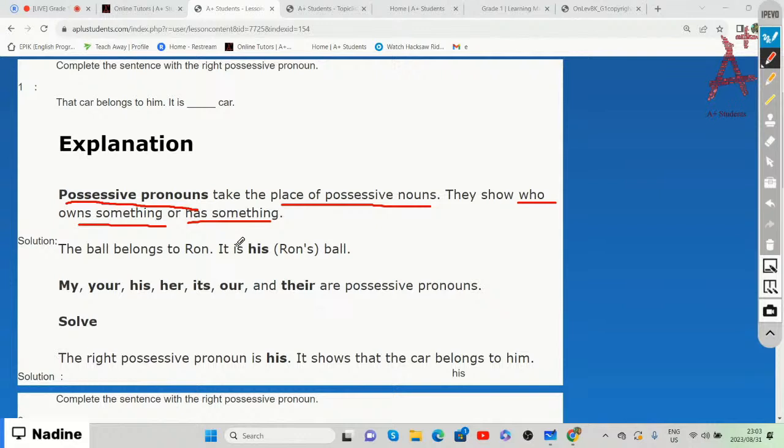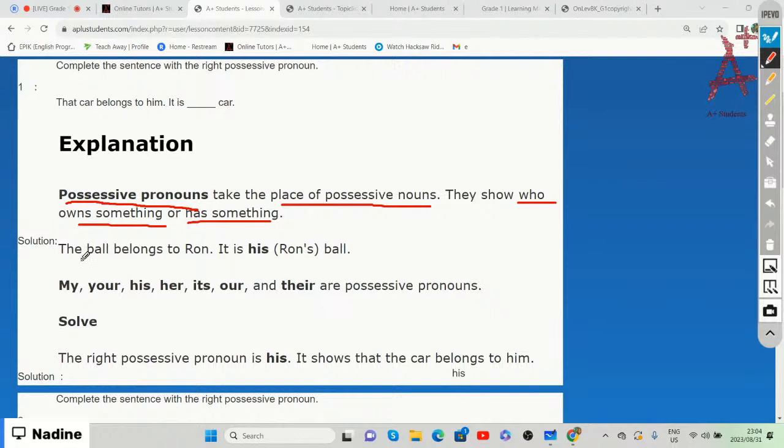If you own something, you can say it belongs to me or it is mine. You understand? Or if it belongs to him, you can say it is his. If it belongs to her, you say it is hers. So that is but a few examples of possessive pronouns.